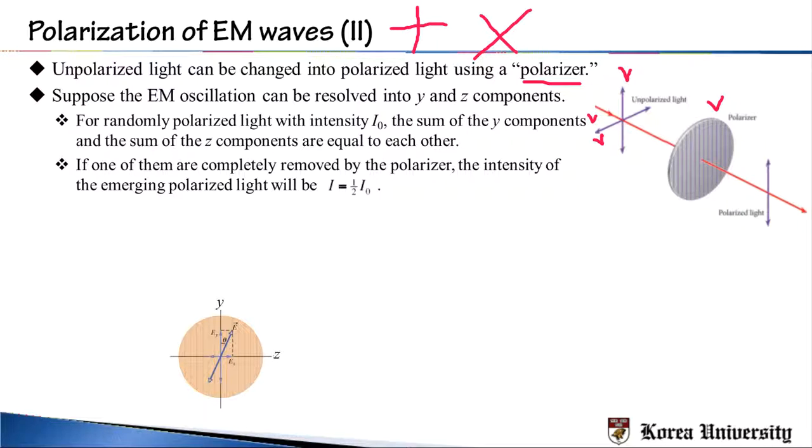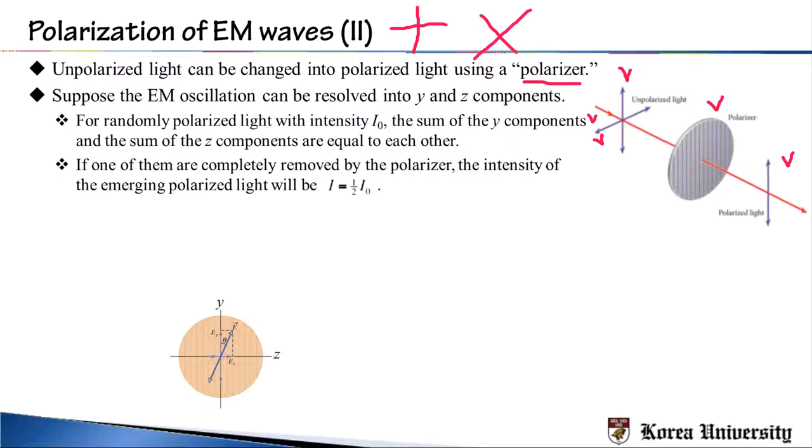It allows only the light having a vertical electric field to pass, which means that if the electric field is oscillating sideways or horizontally, it's not going to pass. As you can see here, only the vertical electric field component has passed the polarizer. This is how the polarizer works.